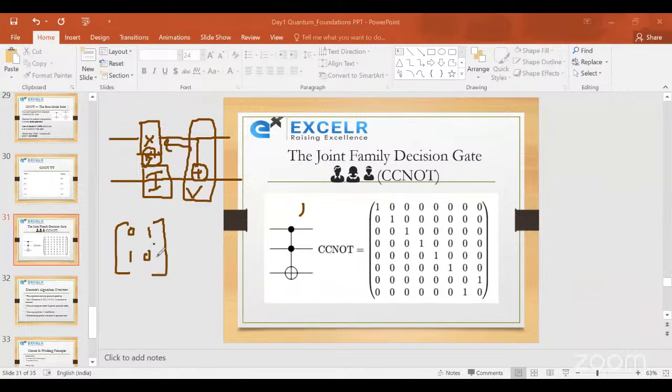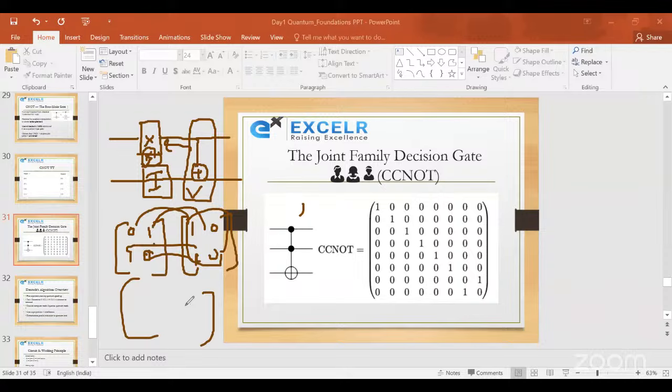The I matrix we can take only as 2 into 2, because X is 2 into 2; only then can we do the operation. So 1, 0, 0, 1, and then we have to do the tensor multiplication, where the same thing goes here and here, like this, and we can write it here.